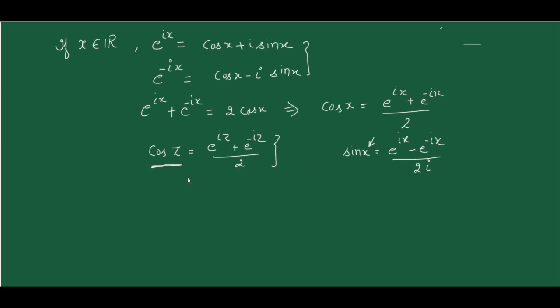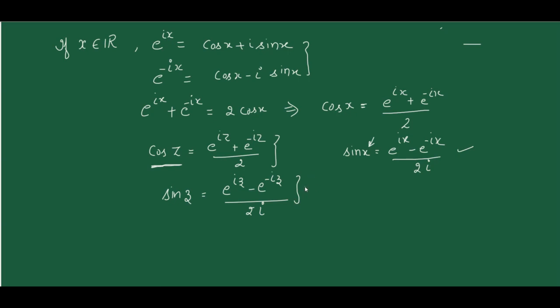But we can extend this for a complex number: sin z is equal to e raised to power iota z minus e raised to power minus iota z divided by 2 iota, where z is a complex number. So again, using this representation, we can extend this to sine of a complex number.